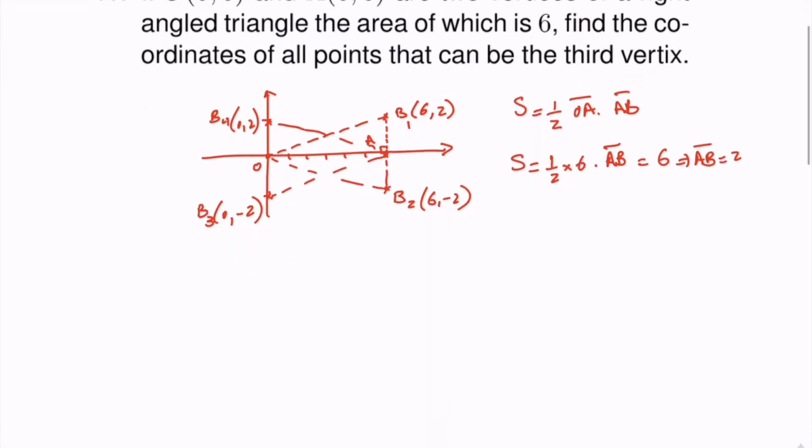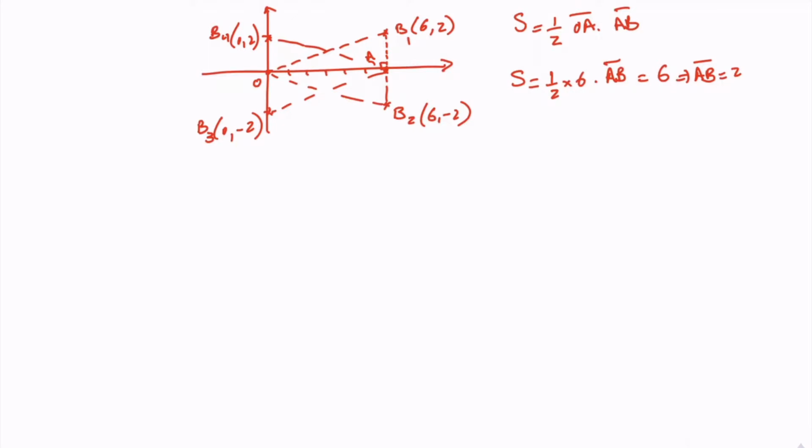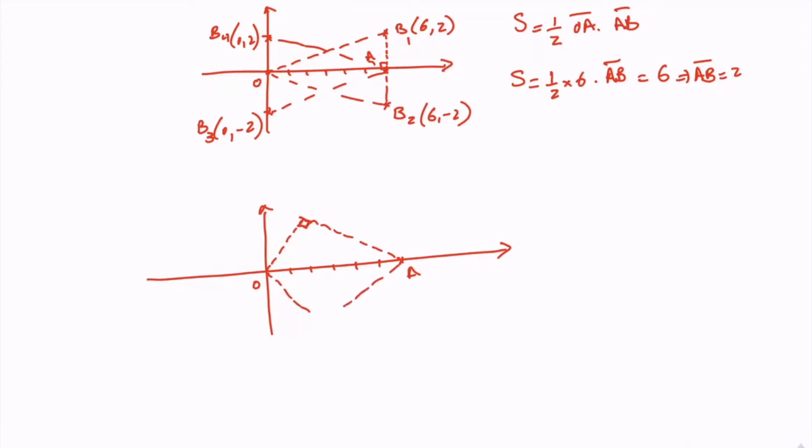So if I draw the xy axis again, a fifth option, or options 5 and 6, is if we have O and we have A, but the right angle is somewhere up here. So this is the right angle. Or alternatively, it can be down here.